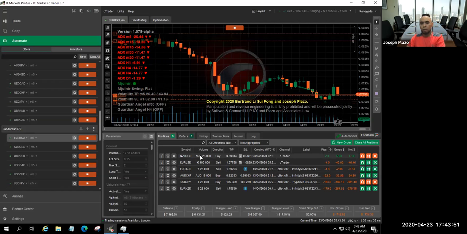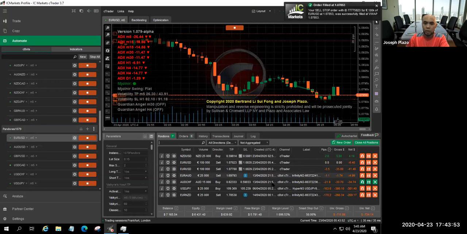Okay, so we have one position that is already in profit. These other positions, okay, this is the Euro USD pending order that I have originally opened earlier for you. And now you can see it's moving into take profit. That will close very shortly.